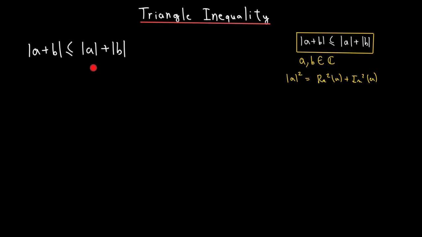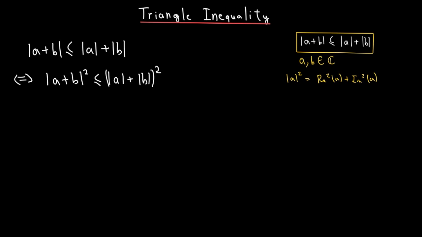So we start from the triangle inequality, and obviously it's kind of hard to work with this, and so what we will do is take the square on both sides. And the reason we can take the square on both sides is because the modulus of a plus b is always a positive number, and the modulus of a plus the modulus of b is also a positive number. And therefore, we can say that the triangle inequality is equivalent to the modulus of a plus b squared being less than or equal to the modulus of a plus the modulus of b, everything squared.